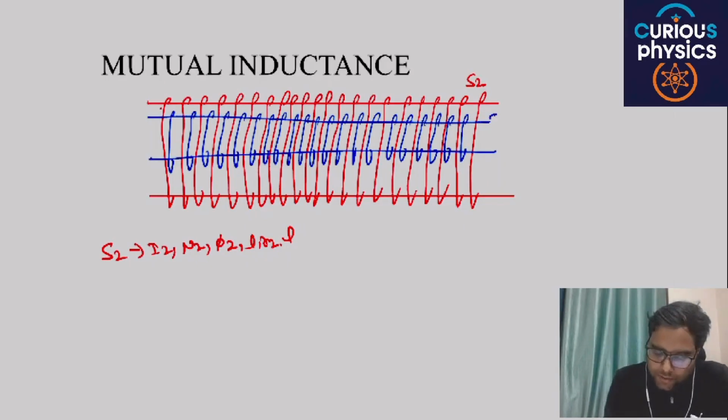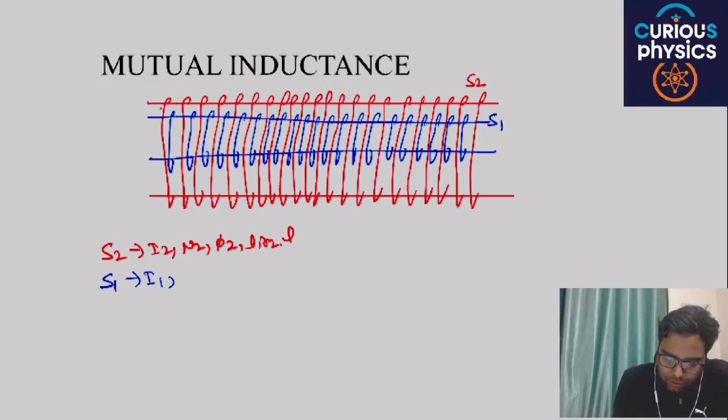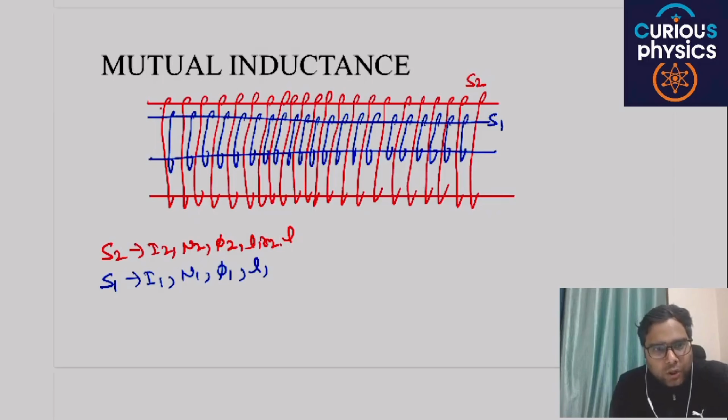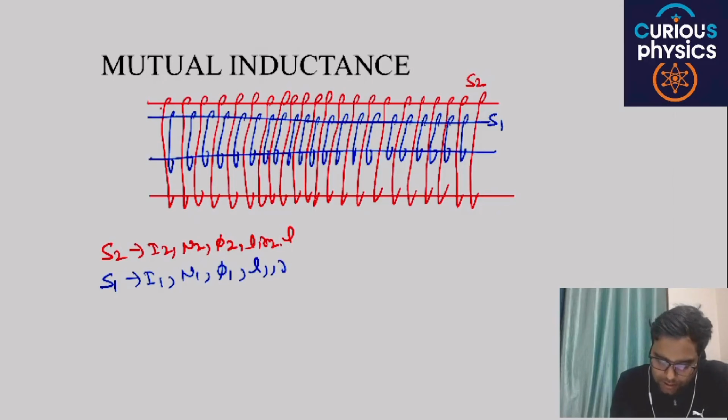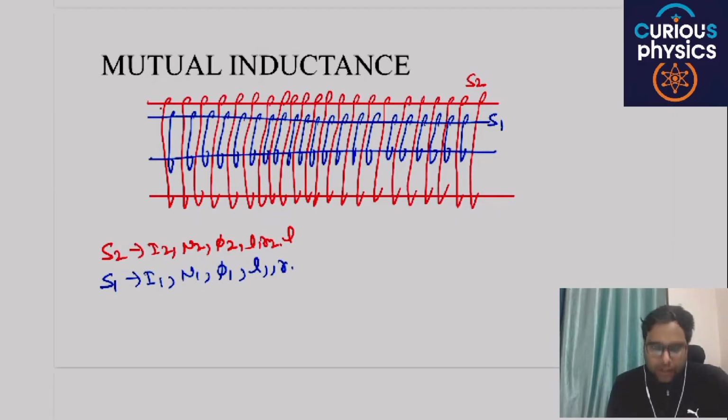This is S1, and the data for S1 is: I1 is the current passing through, N1, phi1 is the magnetic flux, L is the length because both are infinite solenoids, and R1 is the radius of this solenoid.